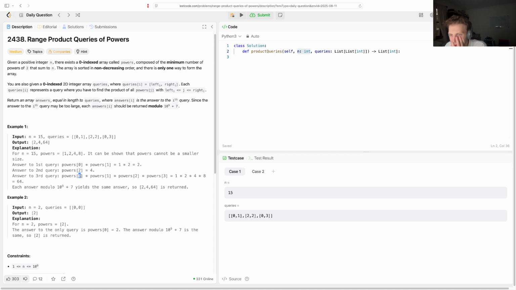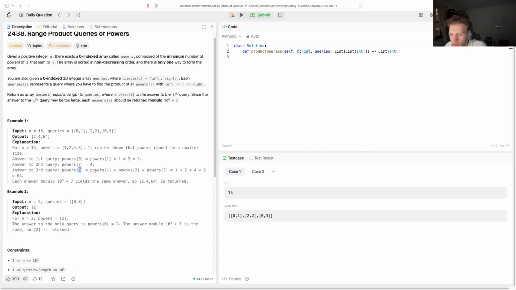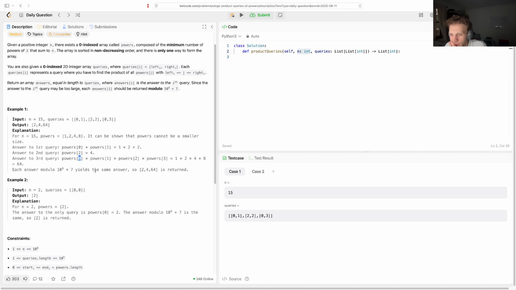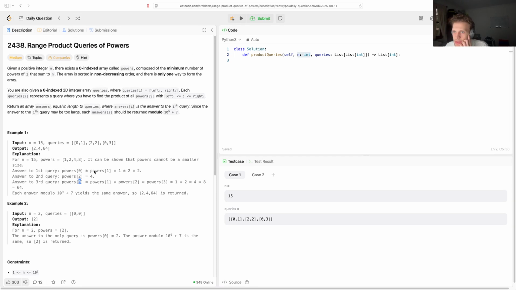Powers of 0 is 1. Okay, so I'm slightly confused about what it's saying here, so we have to evaluate this a little more. I'm kind of seeing they have 0, 1, and 1 and 2.